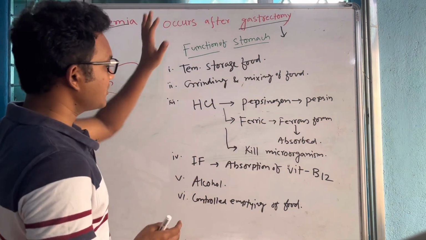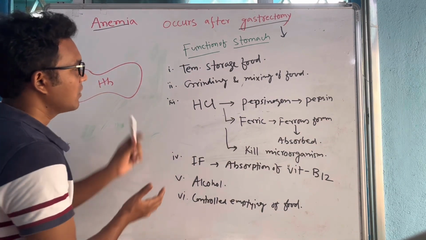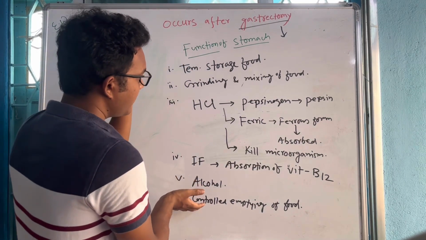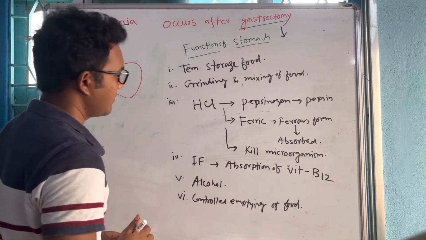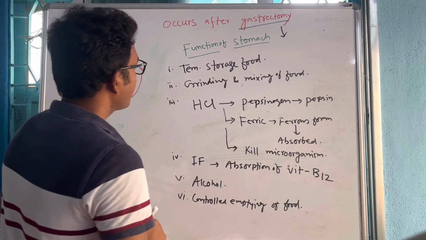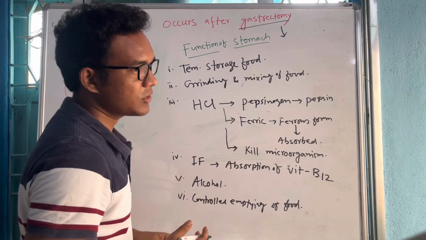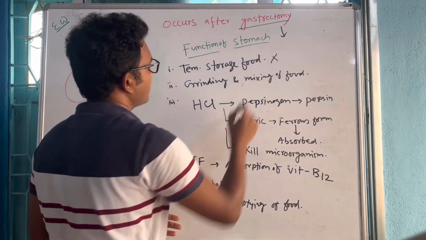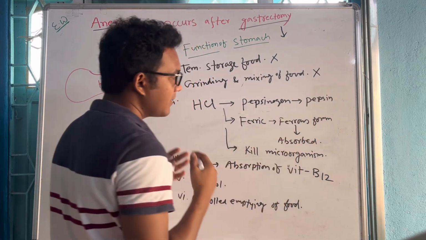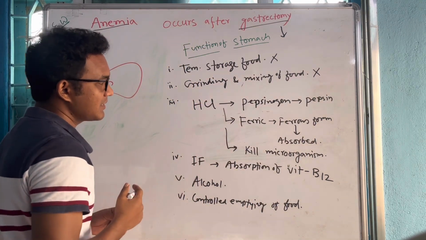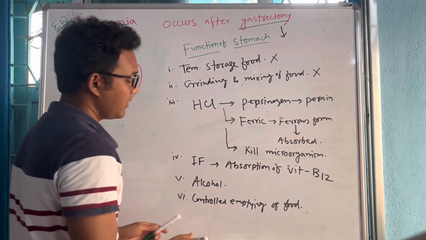Now you have to relate the function of the stomach with anemia. In which function, if it is disrupted, will it lead to anemia? If there is no temporary storage of food, definitely there will not be anemia. If there is no grinding and mixing of food, definitely there will not be anemia. If there is decreased HCl secretion, then it leads to anemia.